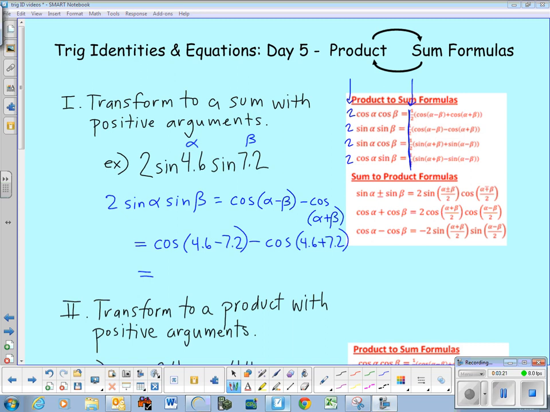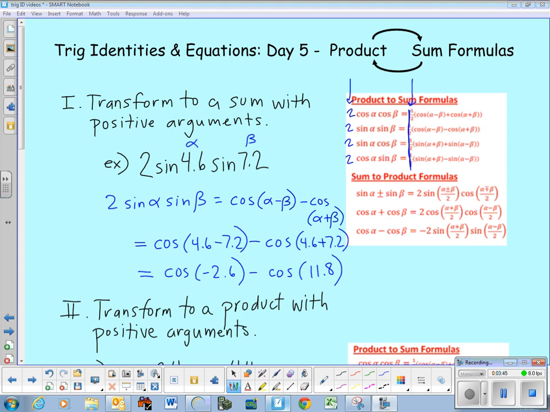That difference is negative 2.6 minus the cosine of the sum. And 4.6 plus 7.2, that one I can handle. That's 11.8.